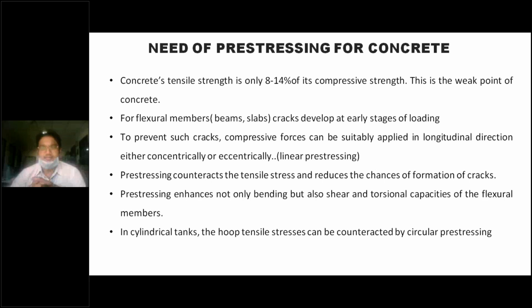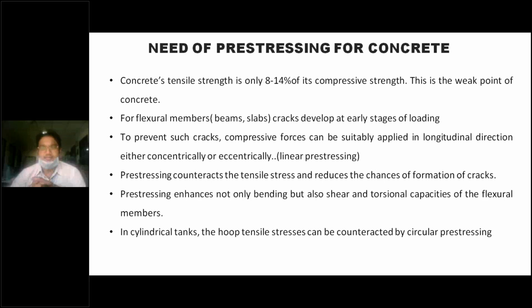I think you have already gone through thick cylinders and thin cylinders in strength of materials, right? So what are the stresses acting in a cylinder? There will be a hoop stress. Hoop stress is nothing but what? Circumferential stress, which acts along the circumference of the cylinder, and there will be a longitudinal stress, isn't it? Let's talk about the hoop tensile stress, which makes your cylinder have tensile stresses in it, right?